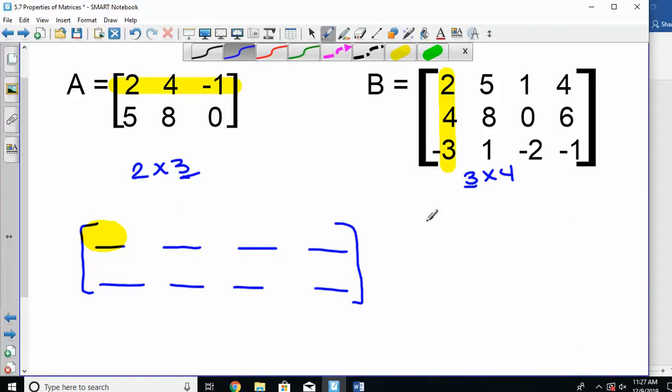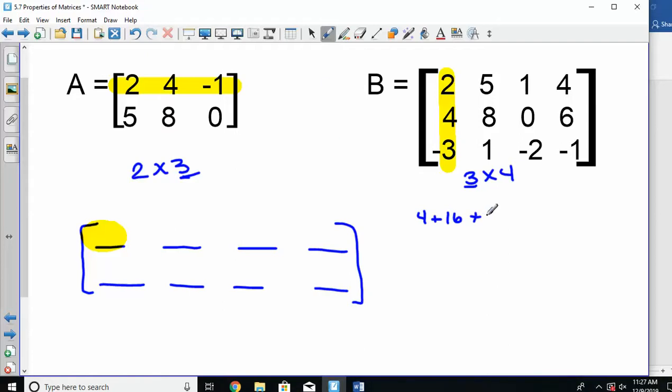So 2 times 2 is 4, plus 4 times 4 is 16, plus -1 times -3 is 3. So I get a 23 for that number. Have I lost somebody?